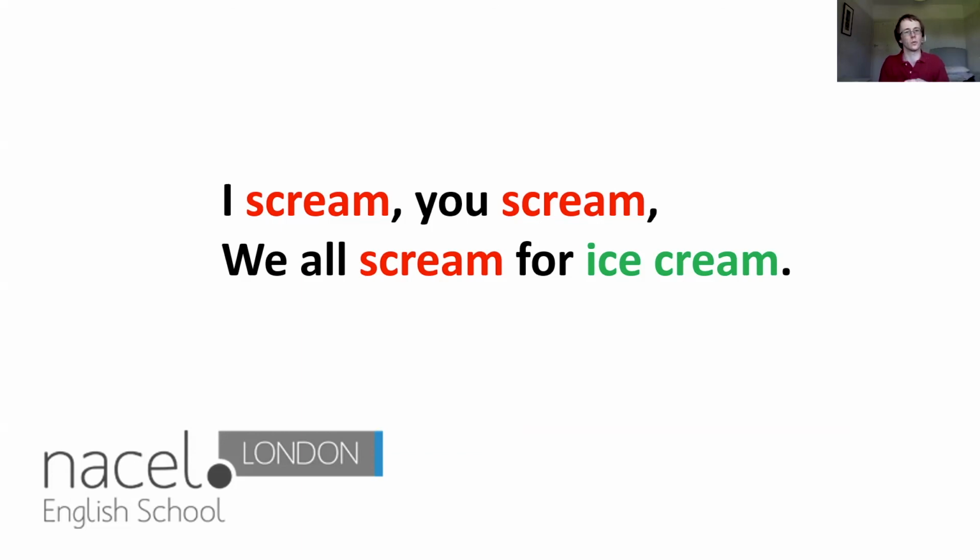So we all scream. Okay, so that happens a few times when you've got two vowel sounds together. You have a vowel sound at the end of one word and at the beginning of the next word, and it creates a little sound in the middle. That happens a few times in English. You might know some other word combinations where that happens.